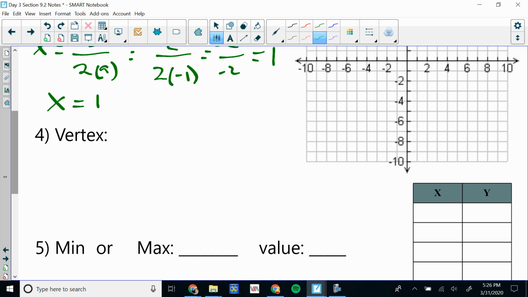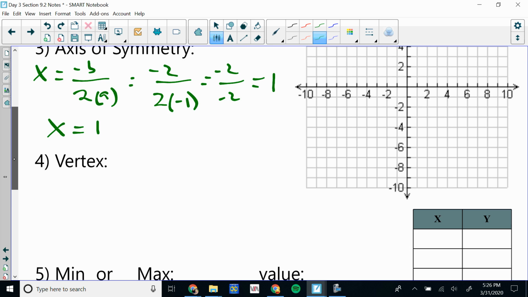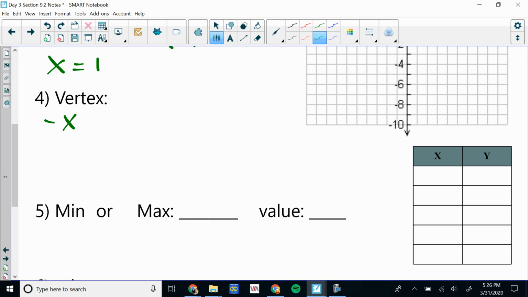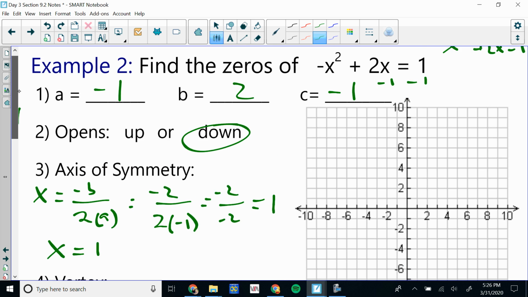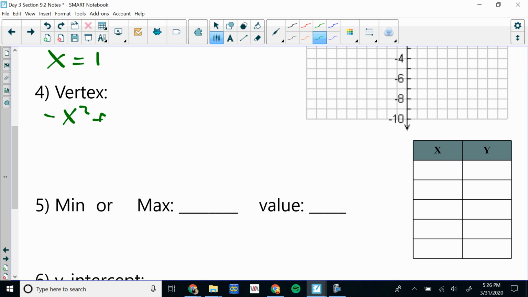itself symmetrically. The vertex of this one, if we plug in 1 for all the x's, let's see, -x² plus 2x minus 1 equals 0.